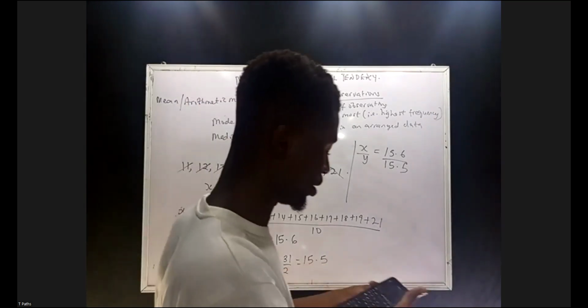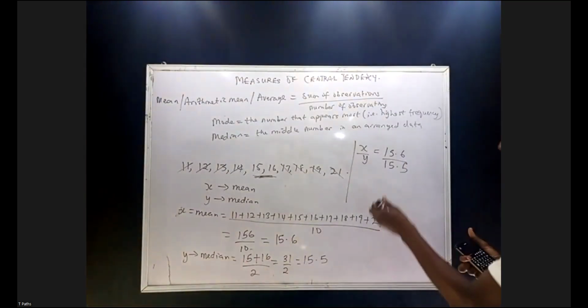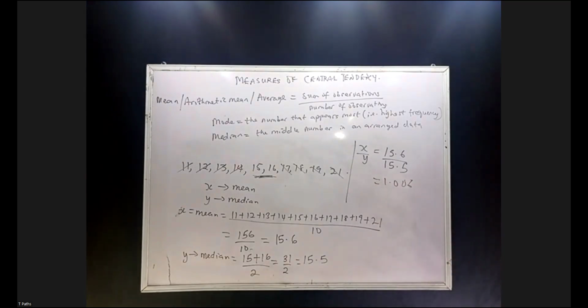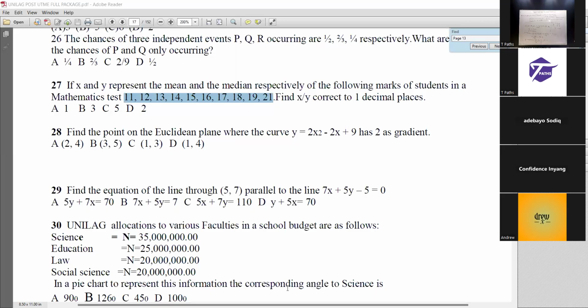That's 1.006. That is option 1. 1.006, which is approximately 1. That's option 1.